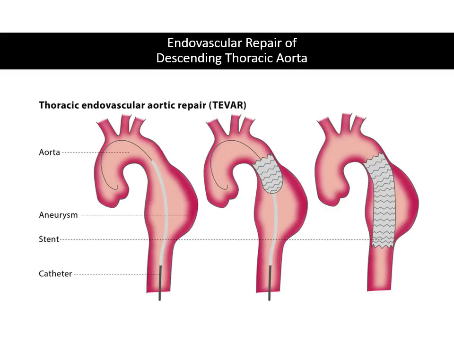Here, this is descending. So you already know what an aneurysm is. It's that bulge. And so this repair is a type of endovascular surgery that's used to treat diseases of the aorta that the patient can be experiencing. So the codes here are 33880 through 33891.